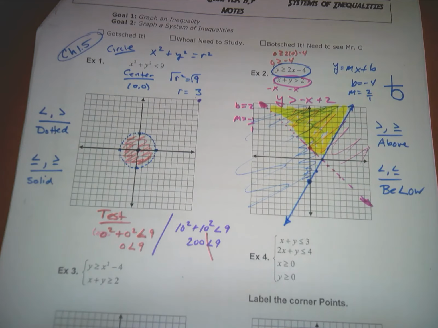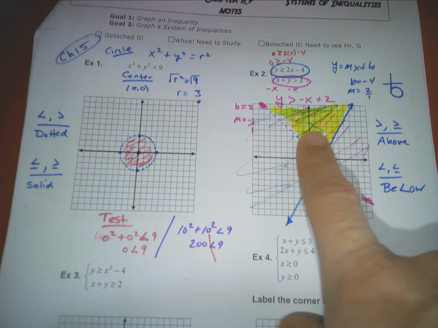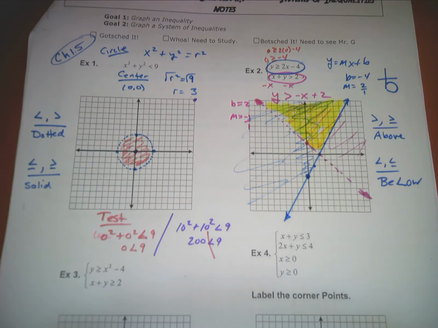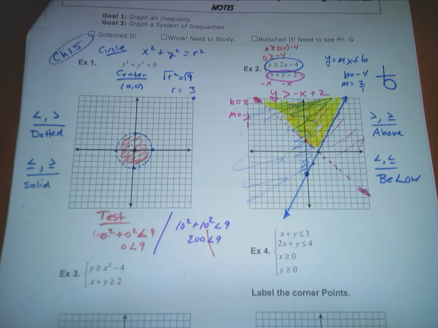Basically anything that I'm highlighting here, any coordinate point, is going to work for either one of these inequalities. So it works for both of them. It's got to be above the blue and above the purple or fuchsia, which is right there. Halfway done. So far, so good.